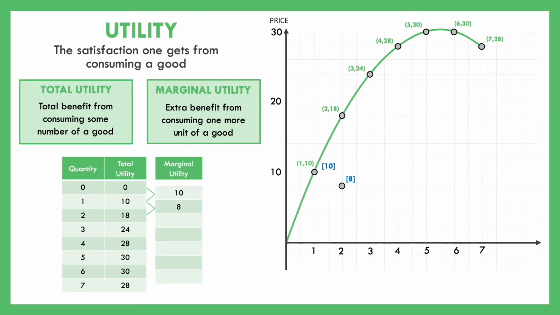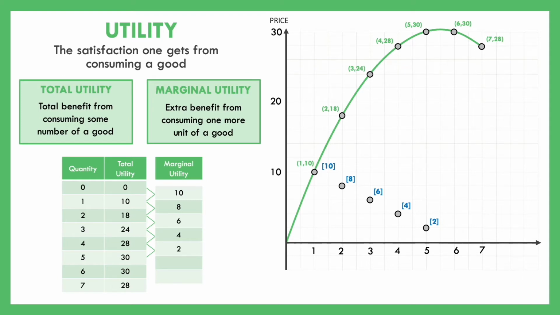Now going from 2 to 3, again, 18 to 24, that's 6 additional utils that we get there. From 3 to 4, we jump from 24 up to 28 of our total utility, and so that's a change of 4 additional utils. So we plot that, and then we keep going from 28 to 30, we get 2 more utils.